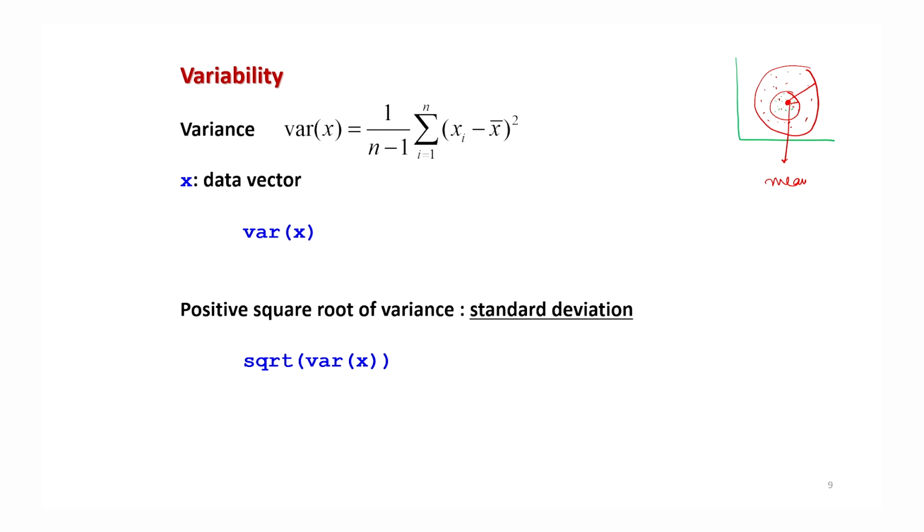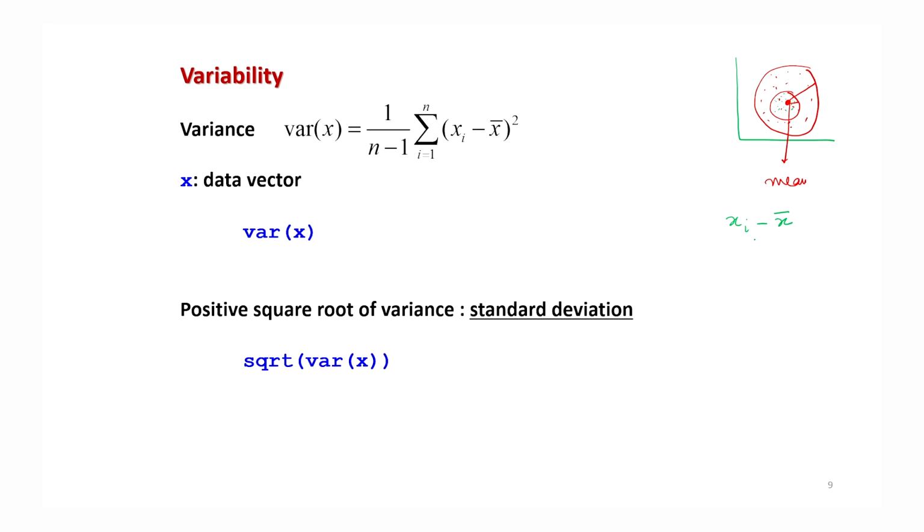So in order to know the variability in the data set, we have different types of measures, and among them variance is one measure which is quite popular. I would like to have your attention here: in order to measure the variance, we consider every observation, say xi, and we take its deviation from the arithmetic mean.